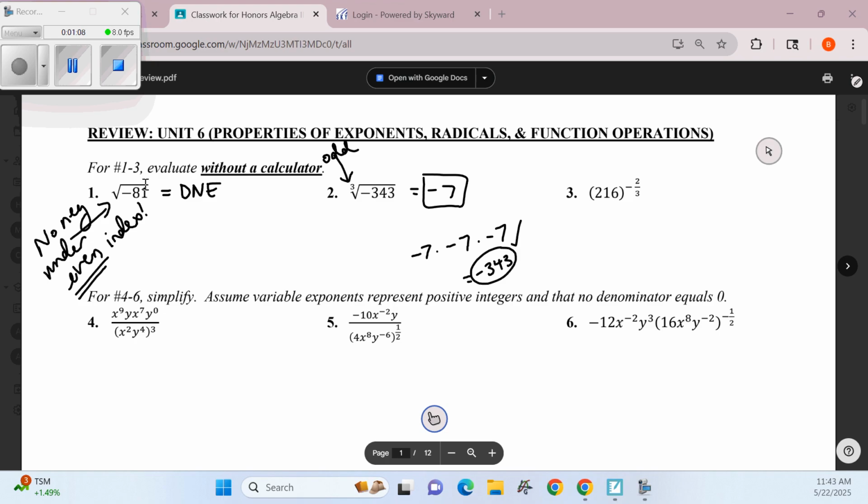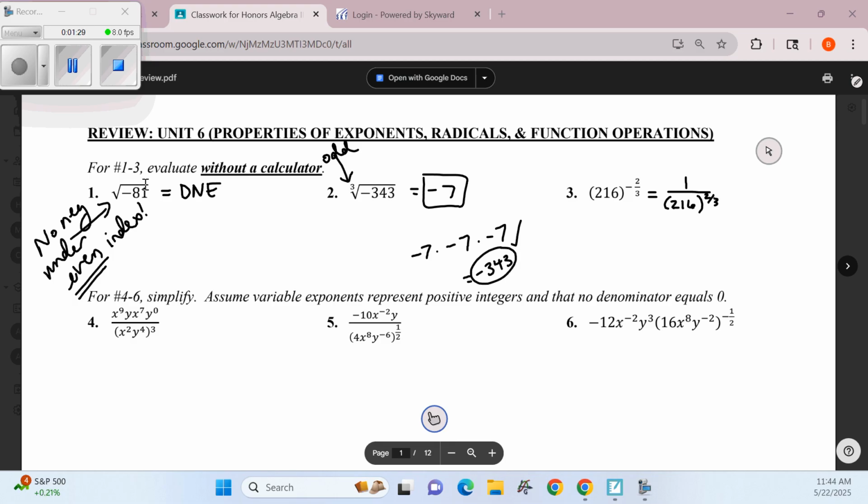Okay, next one. If we are raised to a negative exponent, remember that flips us over the fraction bar. So the first thing I would do here is flip this over the fraction bar and say this is the same thing as 1 over 216 to the positive 2/3 power. One of the things I expect you to be able to do on this final is utilize a fractional exponent.